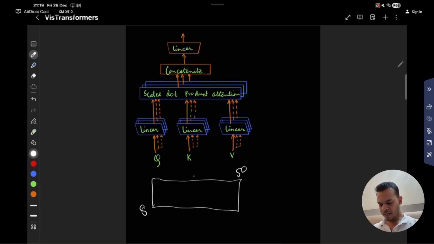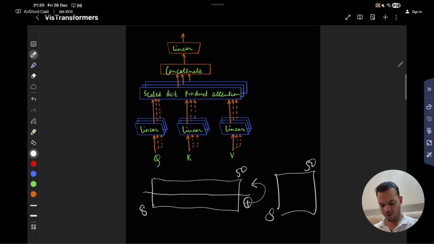So what really is happening between this point and this point is, our tensor is divided such that when it is concatenated back again, the total size again becomes 50 cross 8.